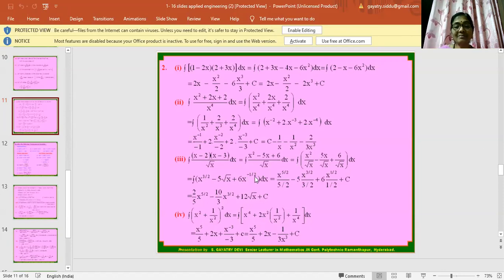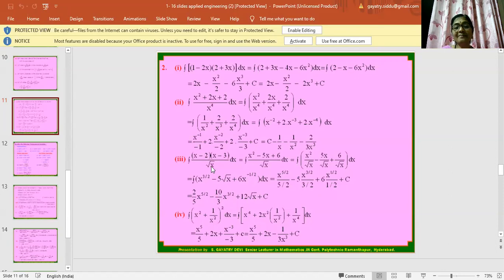For x power minus half, when added with plus 1, you are going to get plus half, so x power half by half. Finally, the answer is 2 by 5 x power 5 by 2 minus 5, and this 2, so 10 by 3. This 2 will come to the numerator. So 10 by 3 x power 3 by 2 plus 12 root x plus c.